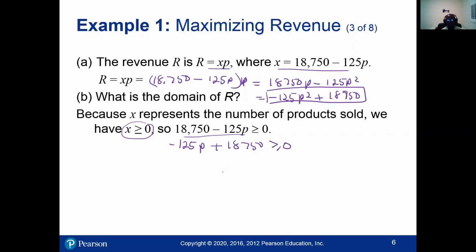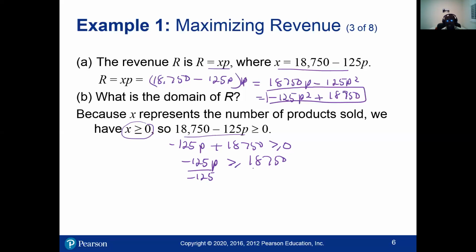Equal to 0. Now, if it's greater than or equal to 0, then we want to solve this inequality. Basically, you have minus 125p is greater than or equal to 18,750. Then you divide both sides by negative 125.